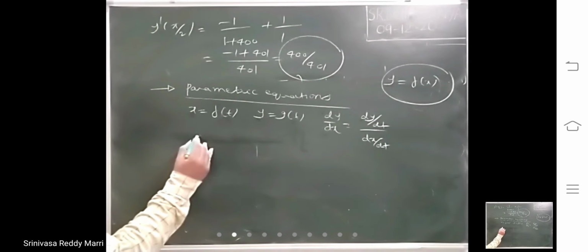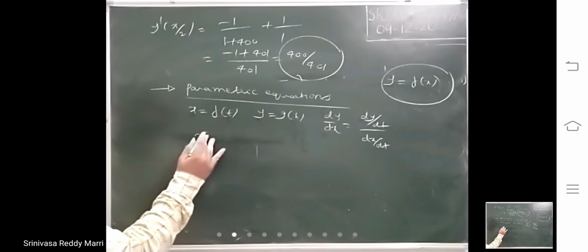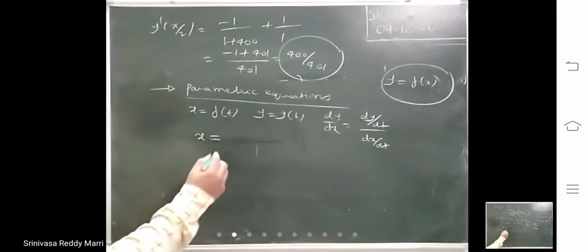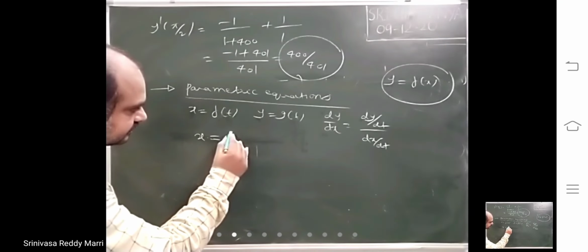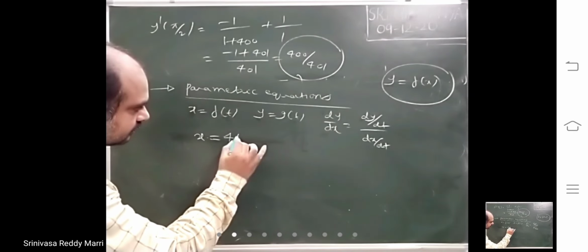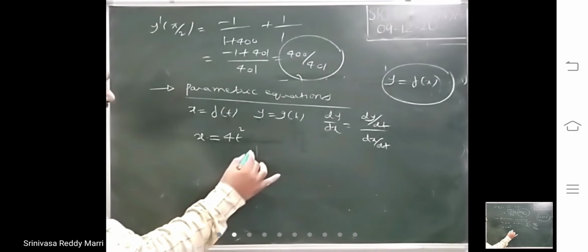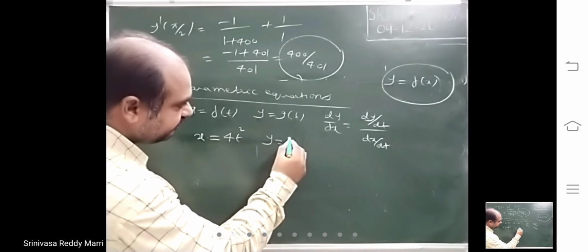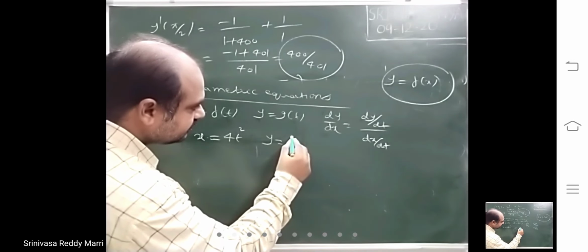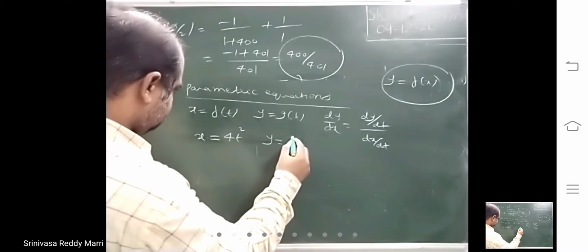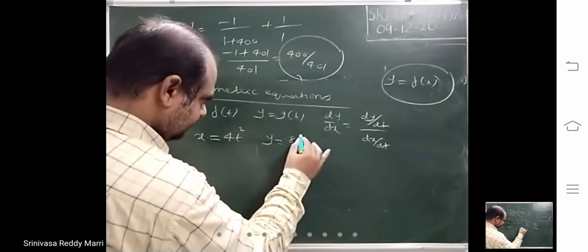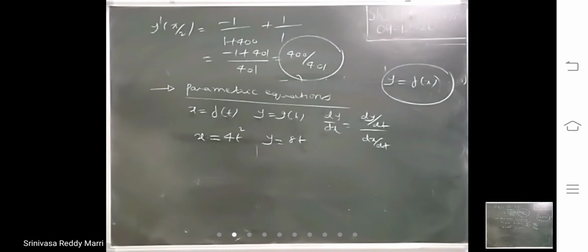Suppose we take an example. X equal to, let us say, 4t square, y equal to 8t. That means x and y are varying with respect to time. So x is a function of time, y is a function of time.